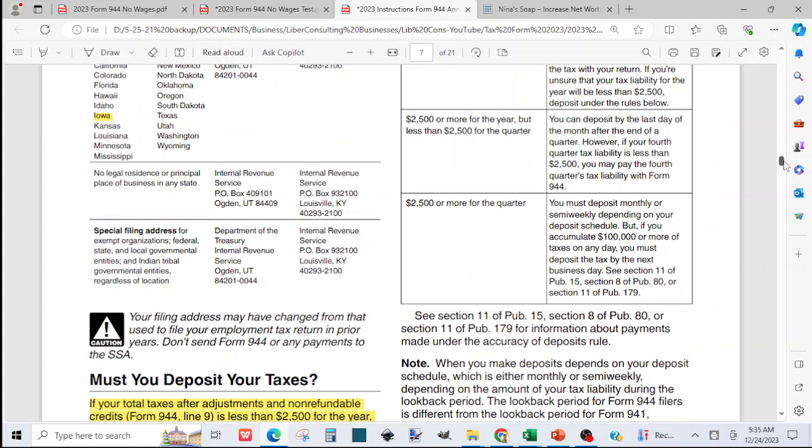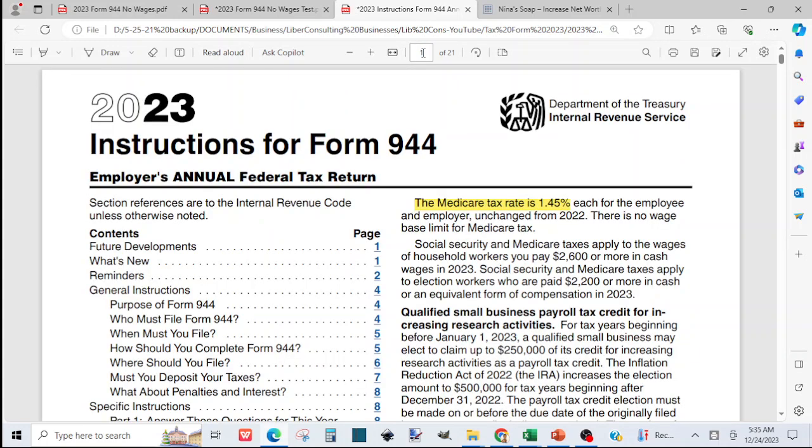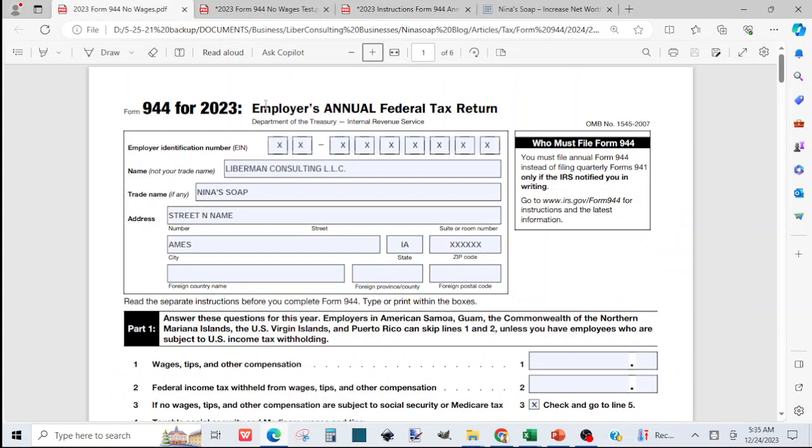And again, if you are required to complete Form 944 when you didn't pay any wages, most of the lines that require an amount, the answer is $0. You just leave them blank, except line 9.